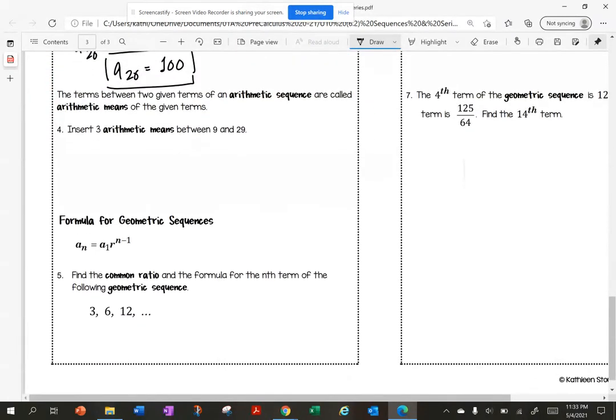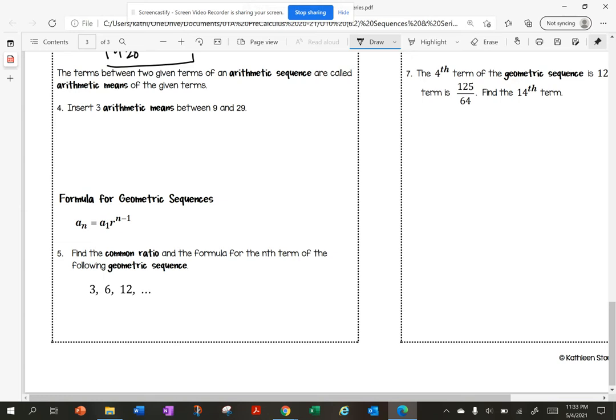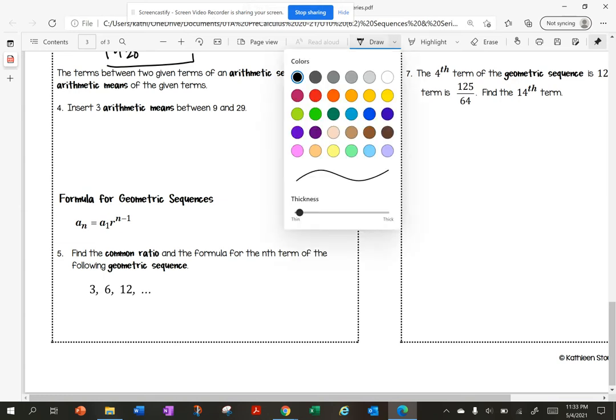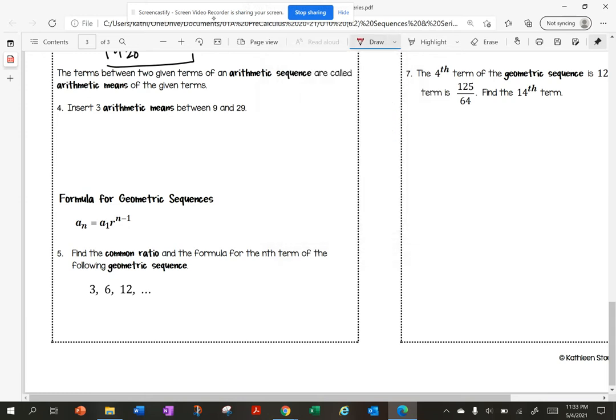All right, number 4. Insert 3 arithmetic means between 9 and 29. So I'm going to take the number 9, and I'm going to insert 3 arithmetic means. So 9 is my first term. Here's my second term, my third term, my fourth term. And 29 is my fifth term.